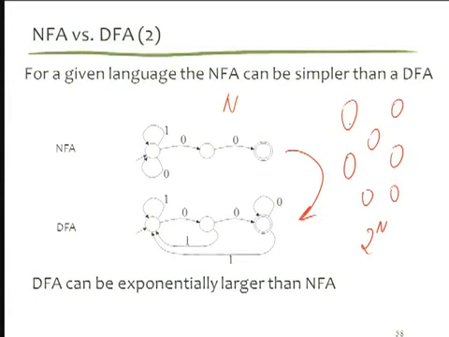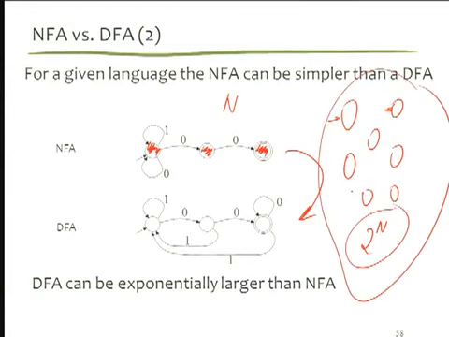So maybe this state here would correspond to being in here and being in here. This state maybe corresponds to being in a state where we have tokens everywhere. That's why an exponential number, because you have an exponential number of token configurations. Luckily, still a finite number, although exponentially large, of these states.